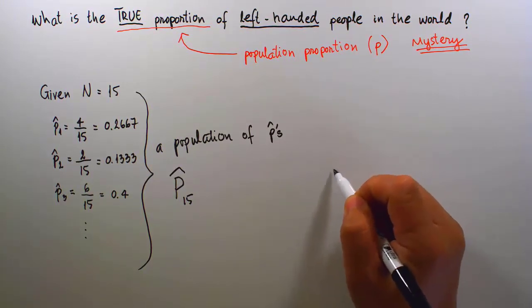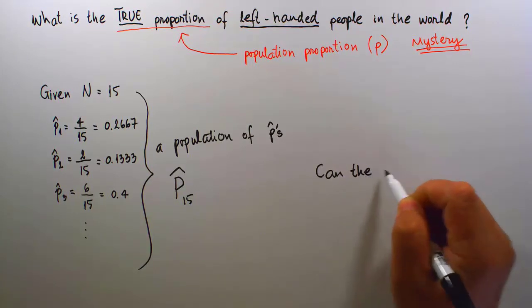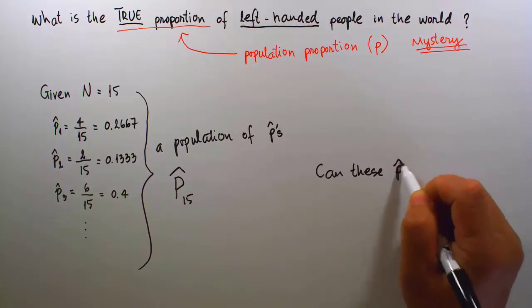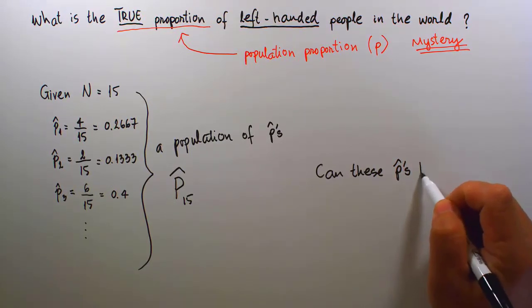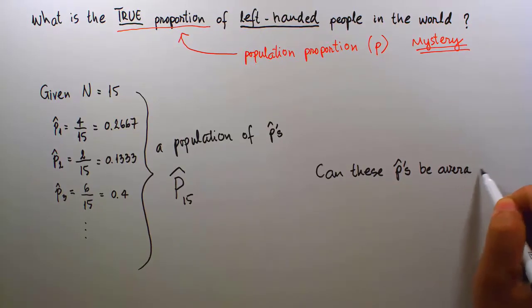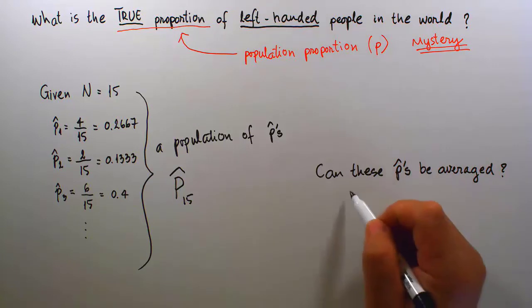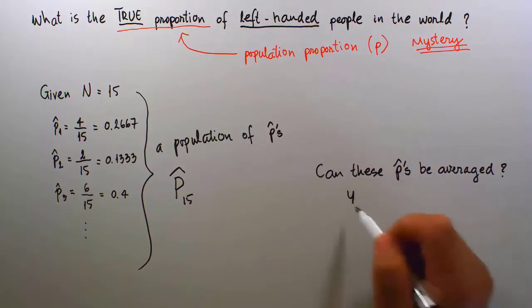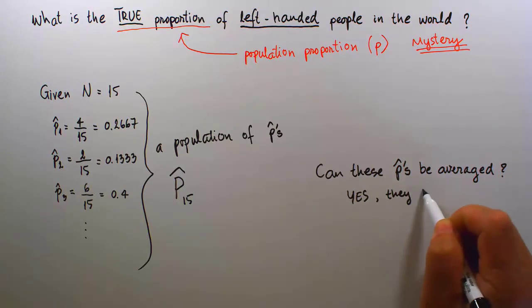So, can these p hat sample proportion values be averaged? And the simple answer is yes, we can. Yes, they can be. Yes, they can.